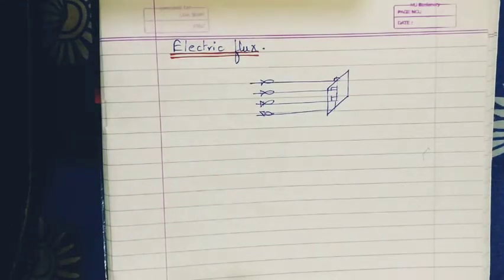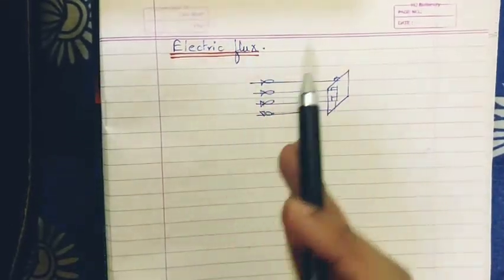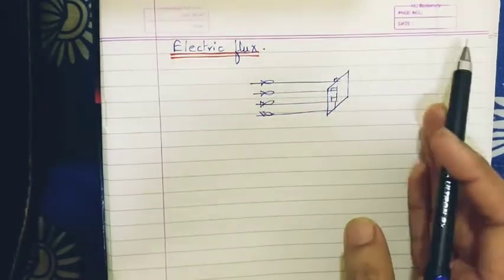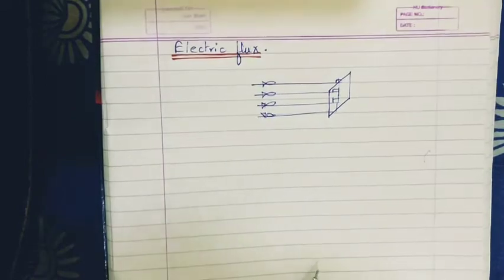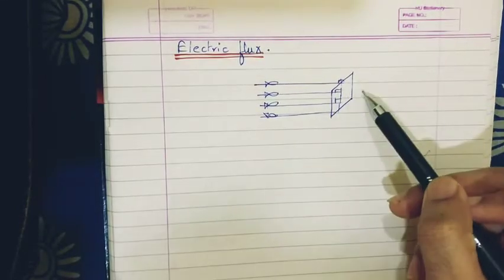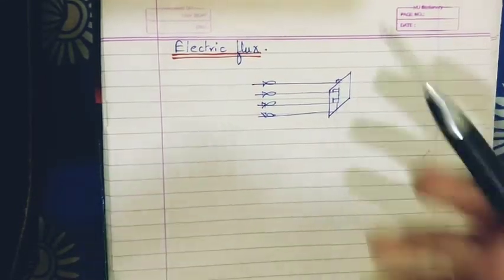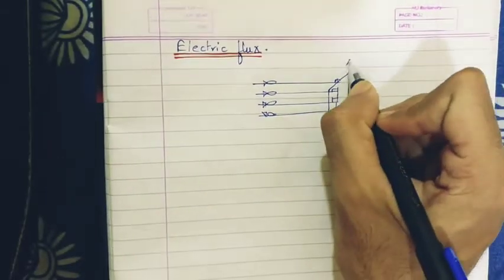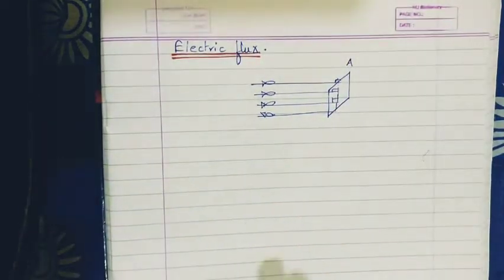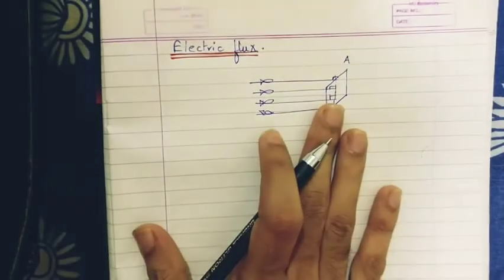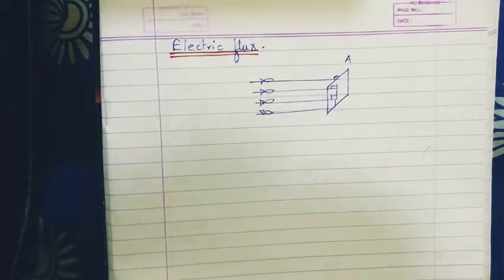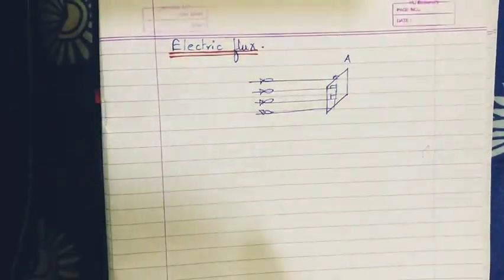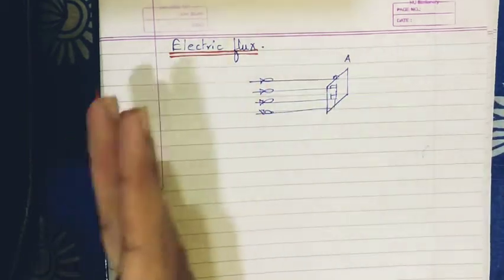Now if I want to find out the number of fishes which are passing through the area of the net, what I would do is simply take the area of this net. Let us consider that the area of the net is A, and I'll be considering the intensity of the fish, how many fishes are traveling throughout the journey, basically how many fishes are being caught in this net.